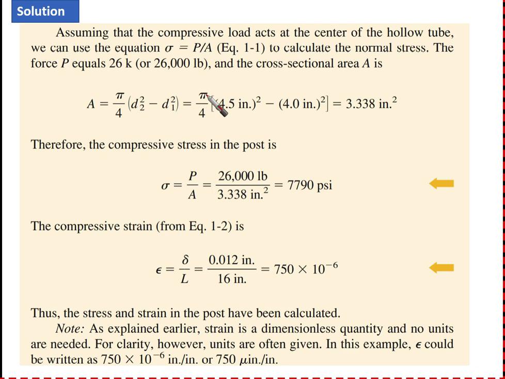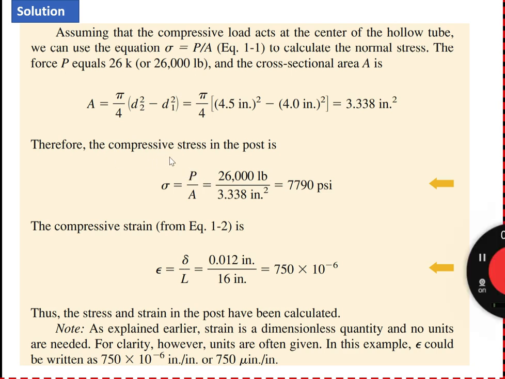So it equals pi over 4 times 4.5 inches squared minus 4.0 inches squared. This gives us 3.338 inches squared.